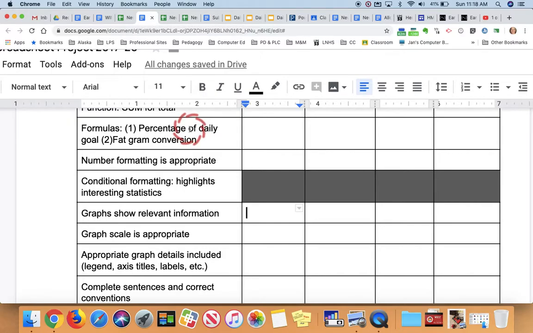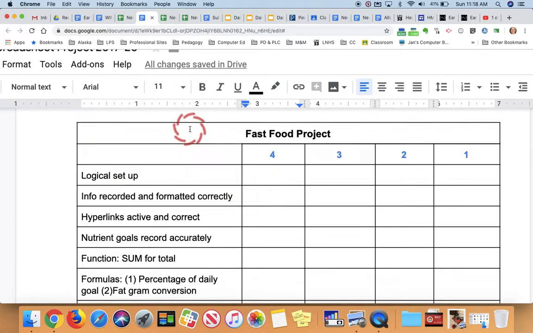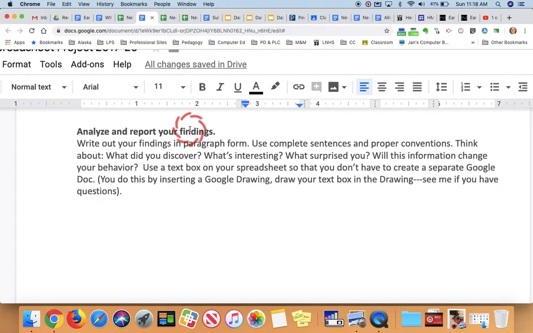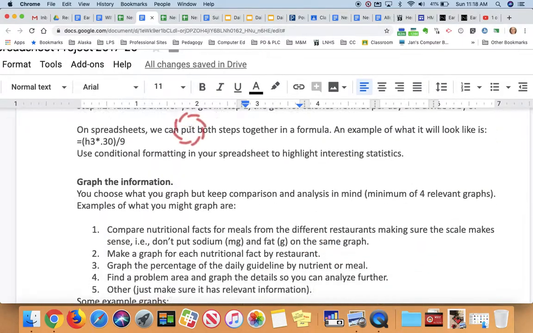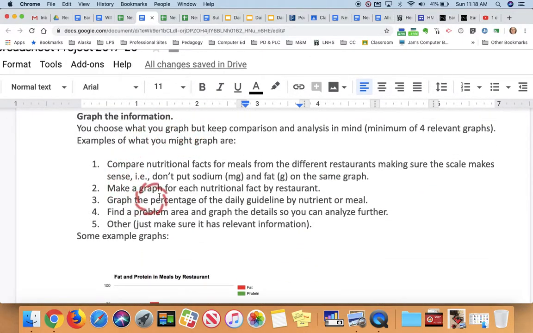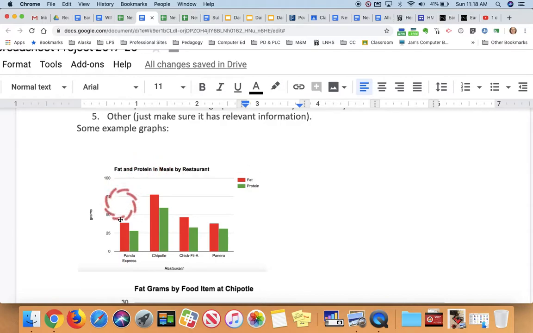Examples include, and I'm just going to scroll up a little bit on this sheet from what we talked about in the video on graphing. Okay, if you are going to compare things, you have to make sure that they make sense to be compared together. So fat grams and protein grams could be on the same graph, but you would not include fat, which is measured in grams, and sodium, which is measured in milligrams. That would not be appropriate.